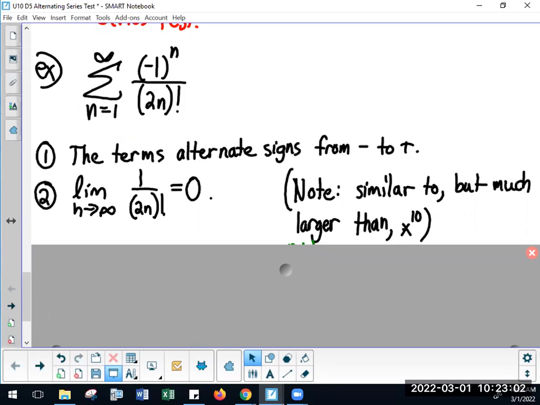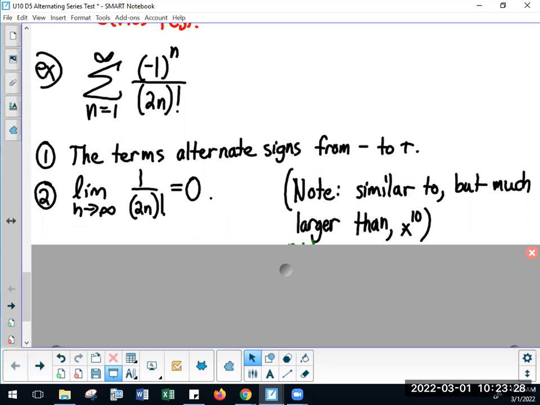If you're struggling with this factorial idea, remember what factorial means. Factorial means we're multiplying by numbers, and when n goes up, you're multiplying by a bigger number each time. Imagine if you had n to the 10th power in the denominator.